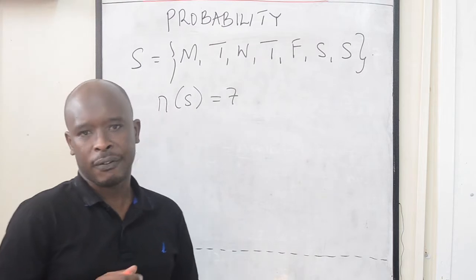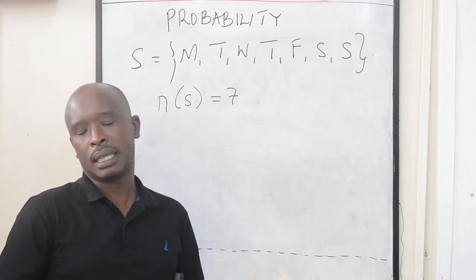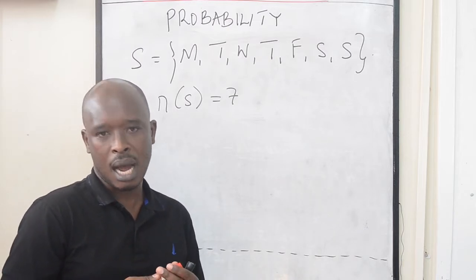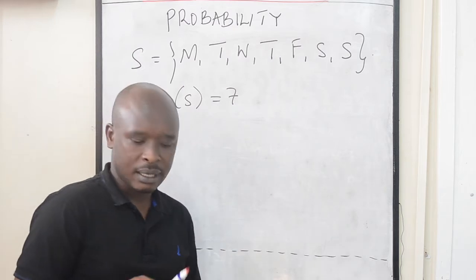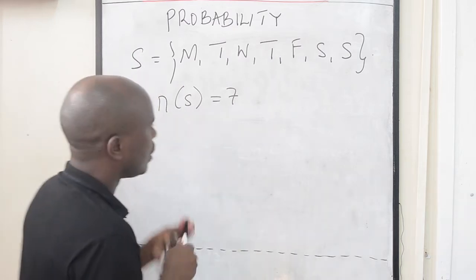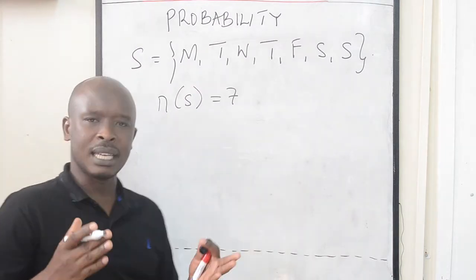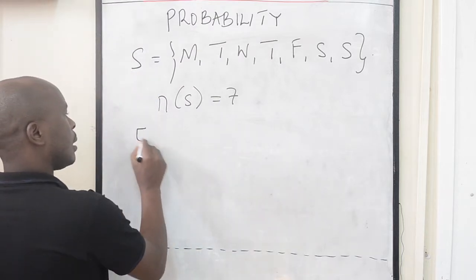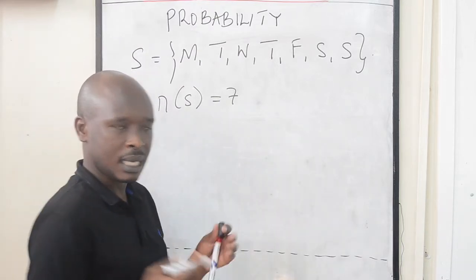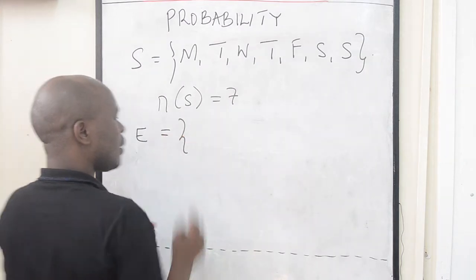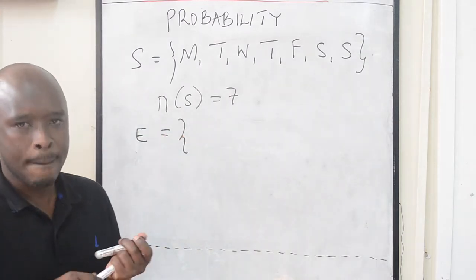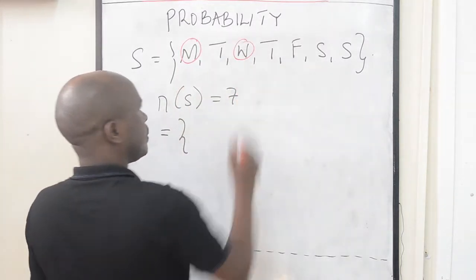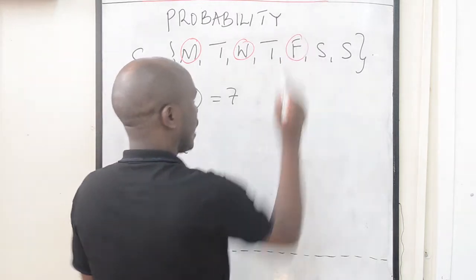If, for example, the weatherman projected that in the 7 days we are going to have 3 days that are going to be sunny, the 3 days are going to form what we call the event, and if I represent my event with letter E, and for example, I take Monday, maybe I take Wednesday, and Friday.